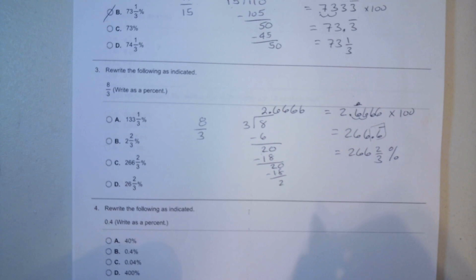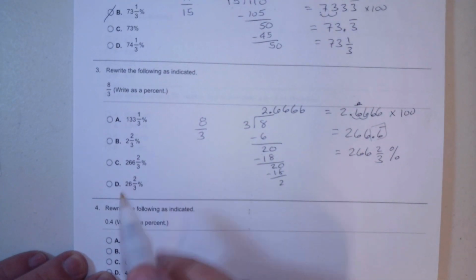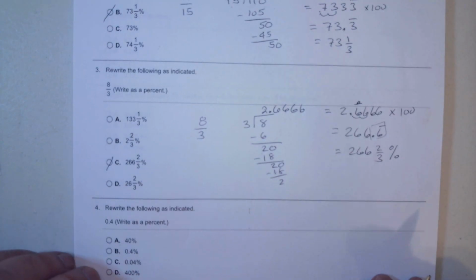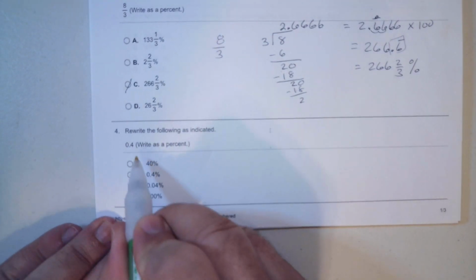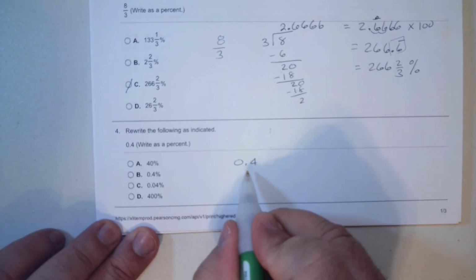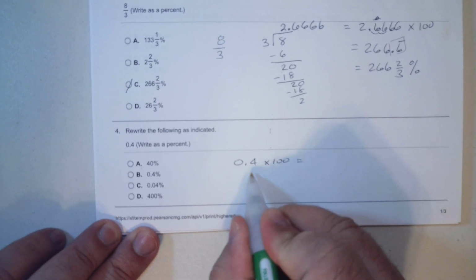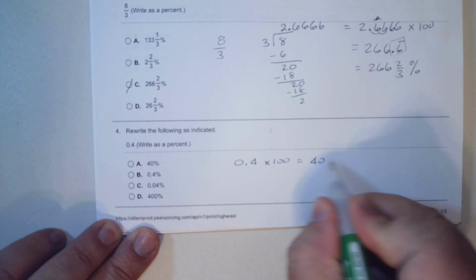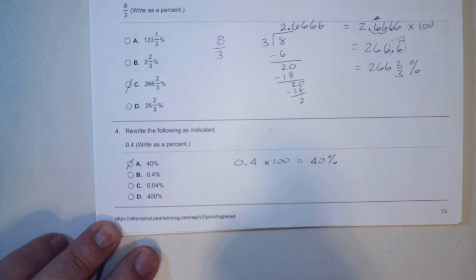So we get 266 2/3, so it's C. Next, 0.4 as a percent, so that's a decimal already. Multiply by 100, you get 40%. So it's A.